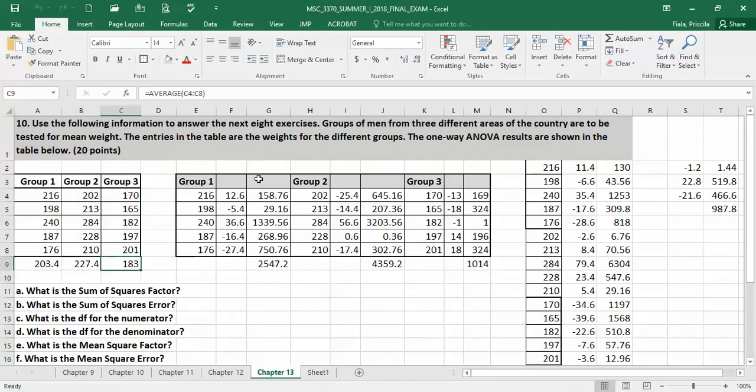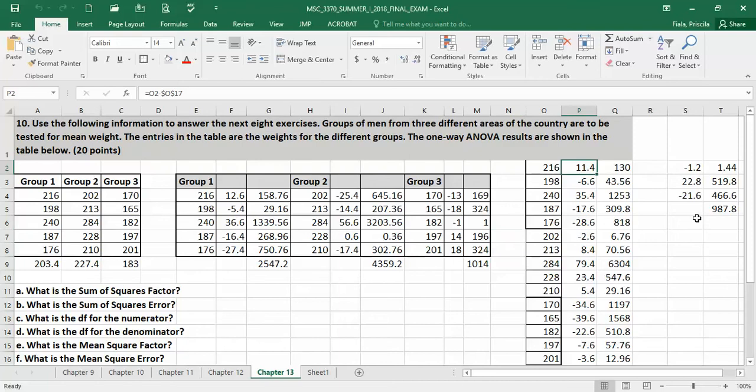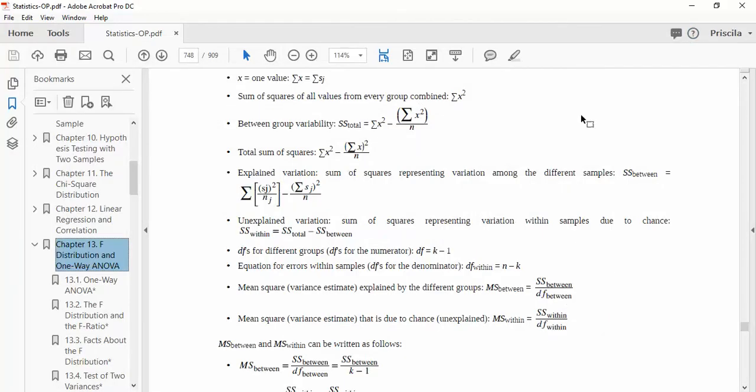I averaged, then subtracted this number from the average for this group, and then I squared them. I did the same for the second group and the same for the third group. I added them up. I also put all the groups together, averaged, did the same thing with the difference, squared it, and kept going. From here, I would be using these formulas to get my values.